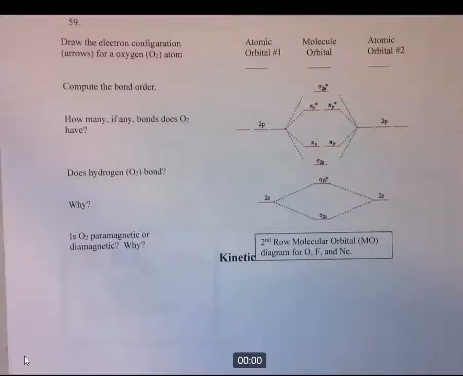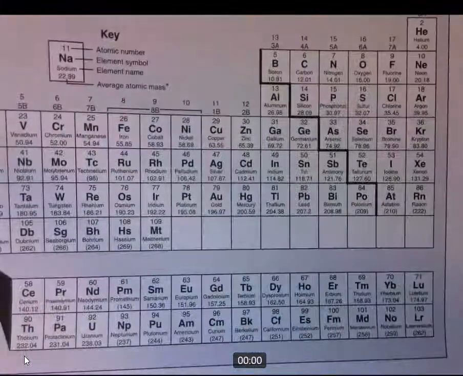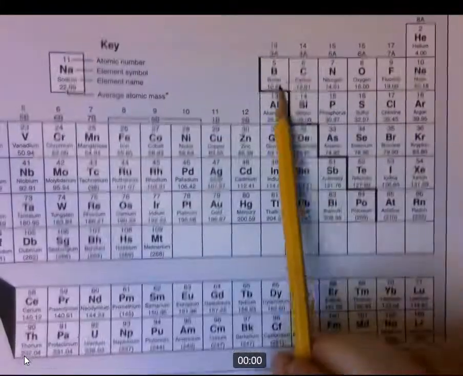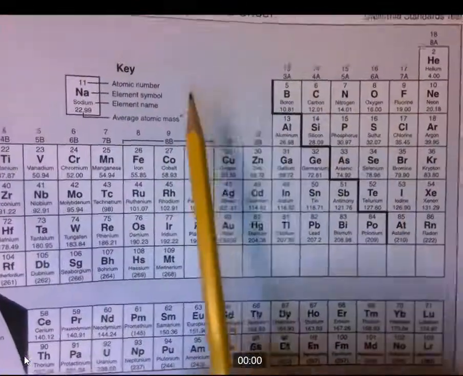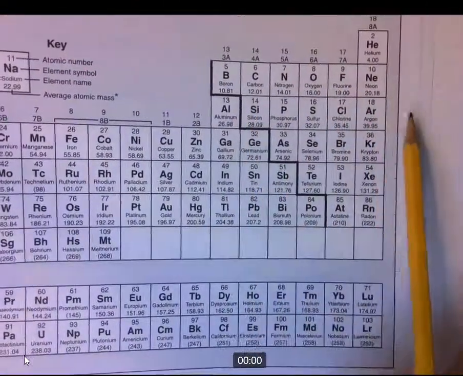If we just talk about the second row, and I do not believe there's any way they would ever give you one of these beyond the second row, we're talking about these elements up here. Of course, these also form molecular orbitals down here, but mainly they're going to ask you about these.